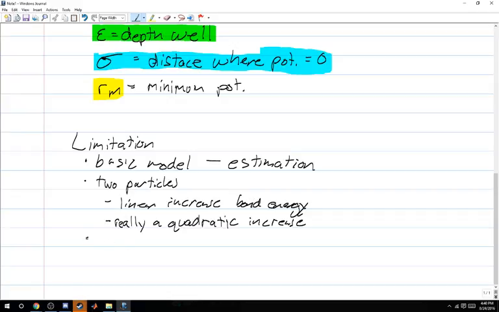Next up, we have that direction is irrelevant. This would be symmetrical around the atom. Direction is irrelevant, and it's symmetrical. And that isn't necessarily true, as you know.